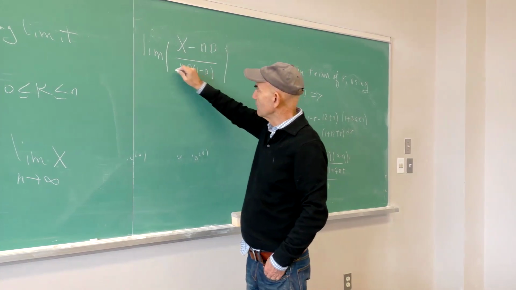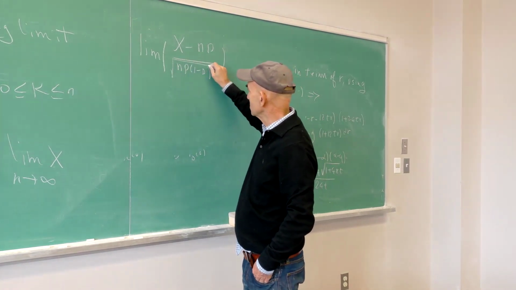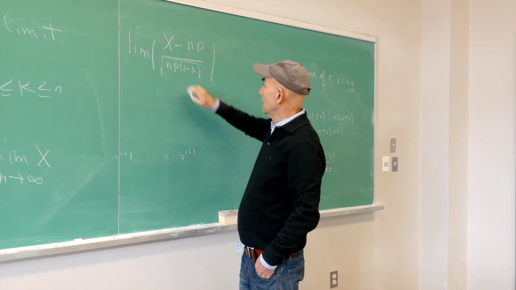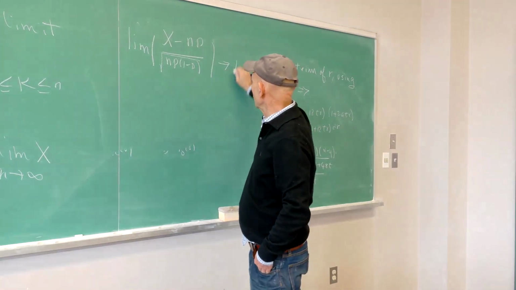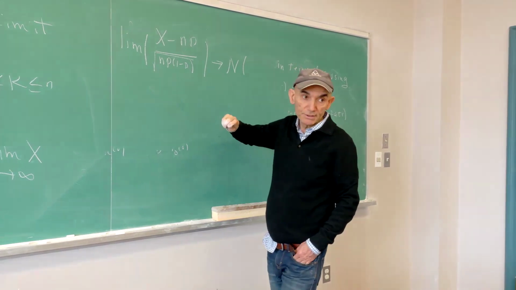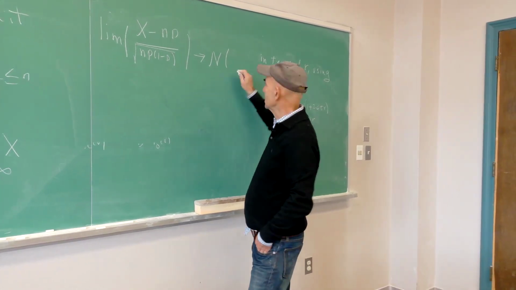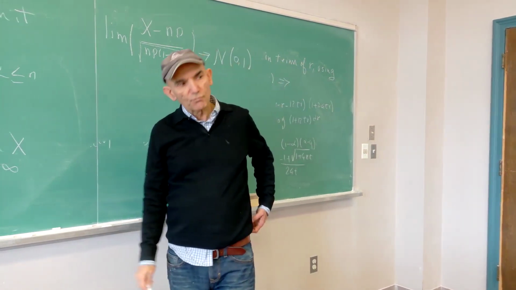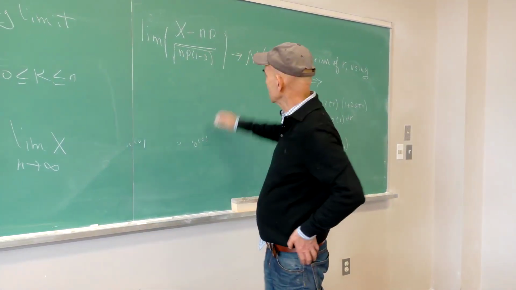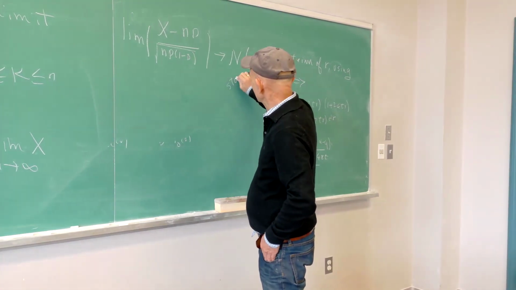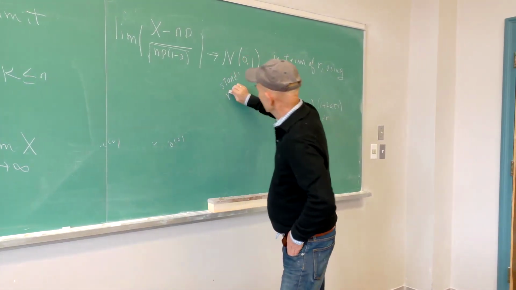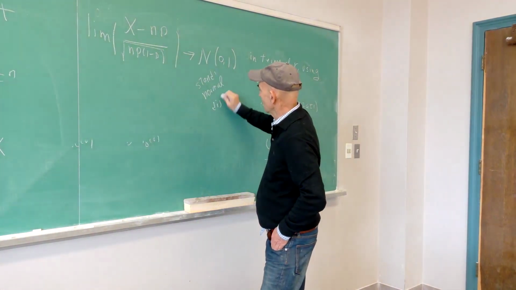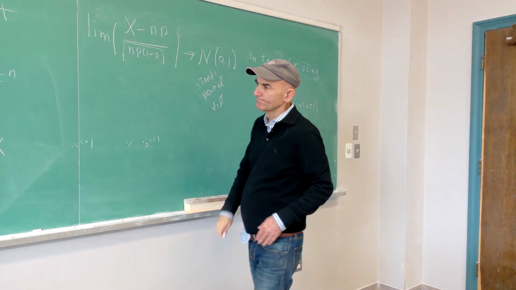So for that, I believe I have to divide by this. Now, this converges to the standard normal distribution with mean 0 and standard deviation 1.